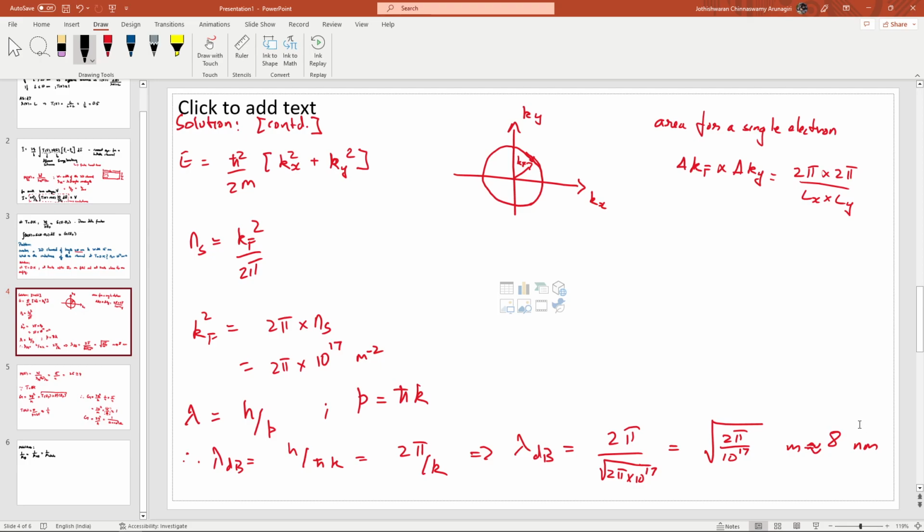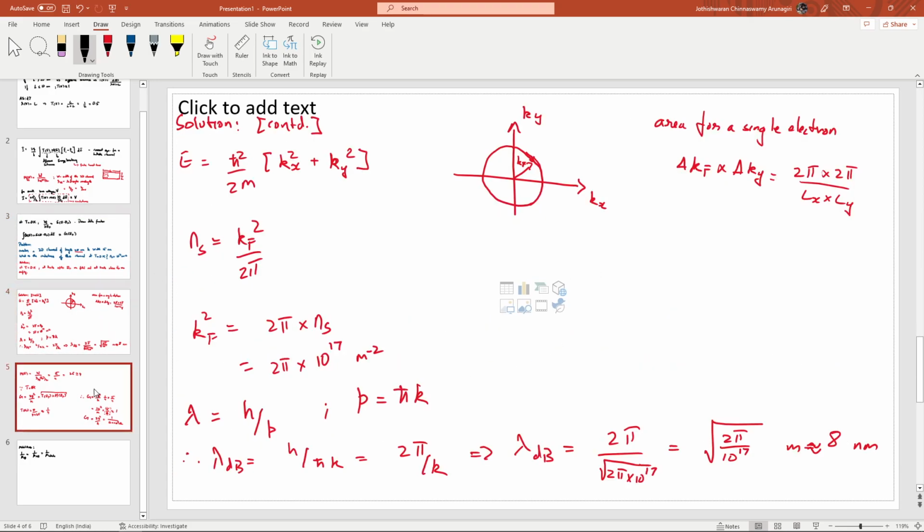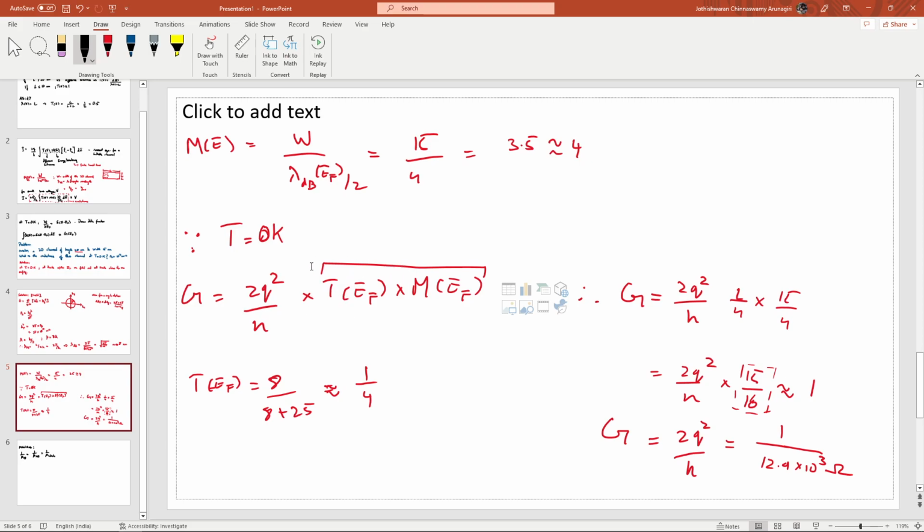So if the channel length were 8 nanometers or less, then I can disregard all forms of scattering and I don't have to consider any diffusive mobility at all. The ballistic mobility is the apparent mobility. It is the total mobility of the electron. But in this case, we know that the channel length is thrice the de Broglie wavelength. And because of that, we have to introduce the transmission coefficient. Is that clear? Yes, sir.